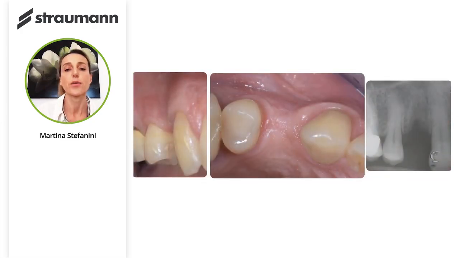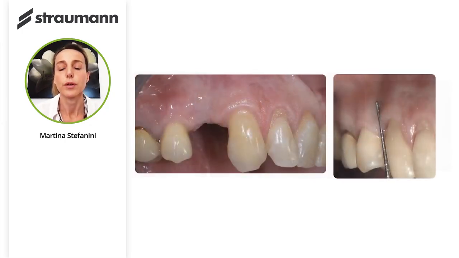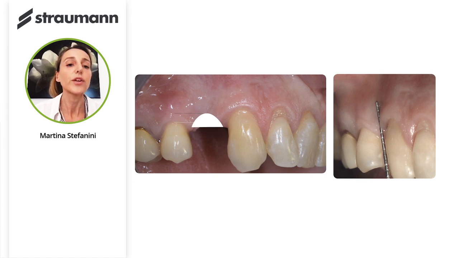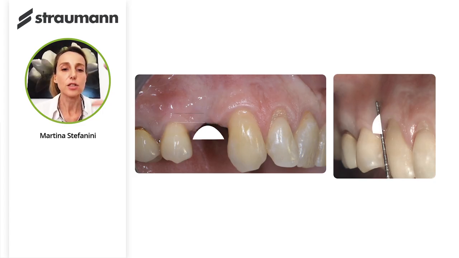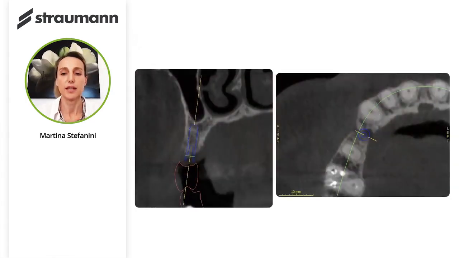So if you look at this area where there is a first premolar that was removed for tooth reason, and if you look how is the gingival margin, you immediately realize that if we don't perform any soft tissue management before or during implant placement, we will not end with a nice aesthetic result because the implant supported crown will be longer than the adjacent natural premolar. So the idea in this case was to increase the soft tissue height and thickness.